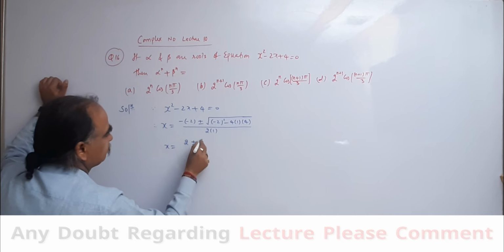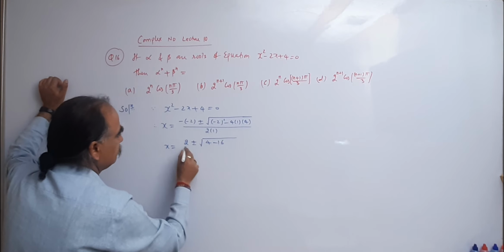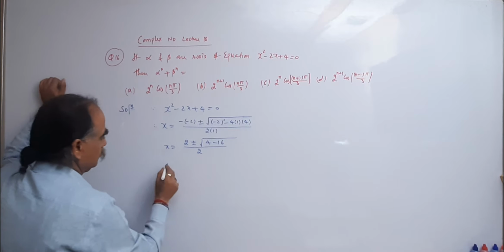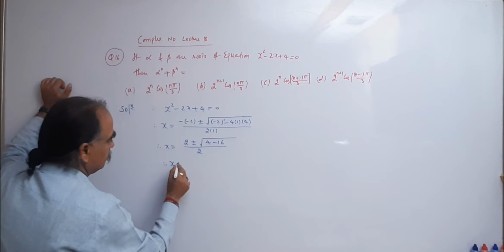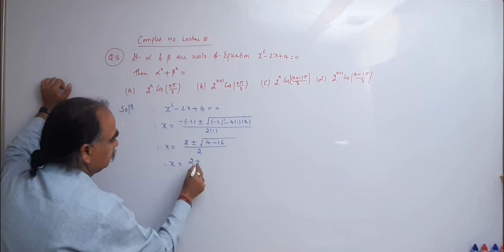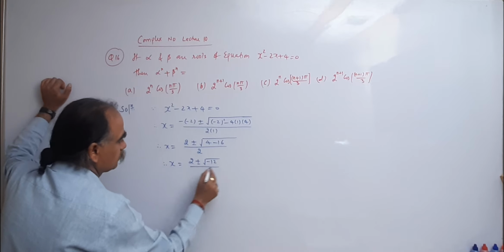That is 2 plus or minus root of 4 minus 16, upon 2. Therefore, x is 2 plus or minus root of minus 12, upon 2.